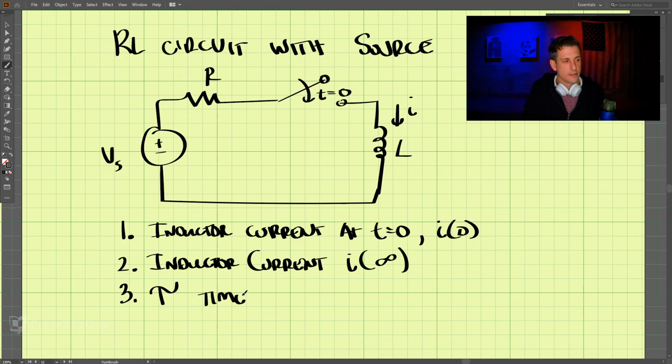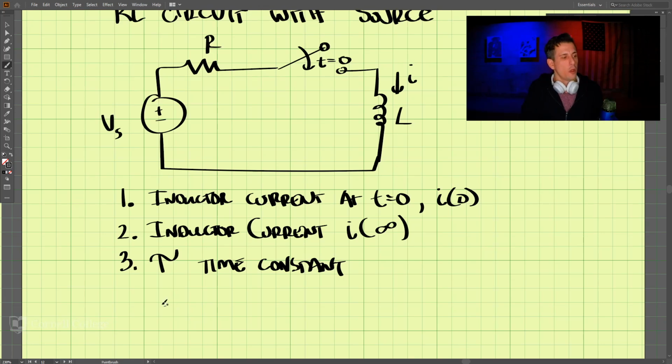So how do we solve this problem? Well, we first look at t less than 0. Okay, t is less than 0. This is an open circuit. There is no current flowing through here. So I at 0 is equal to 0.